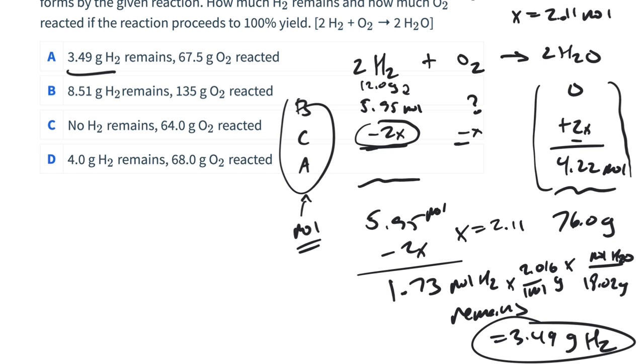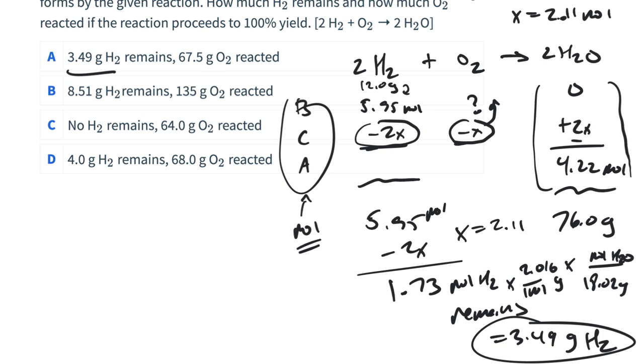Now, interestingly, that lets us choose the answer because that's the only answer that had that as the mass of hydrogen that remains. But we can also calculate the amount of oxygen that had reacted, because the oxygen that reacted is just x. So 2.11 moles. So the amount that had to have reacted here, we had to at least have 2.11 moles, so I could lose that quantity and go to at least 0.